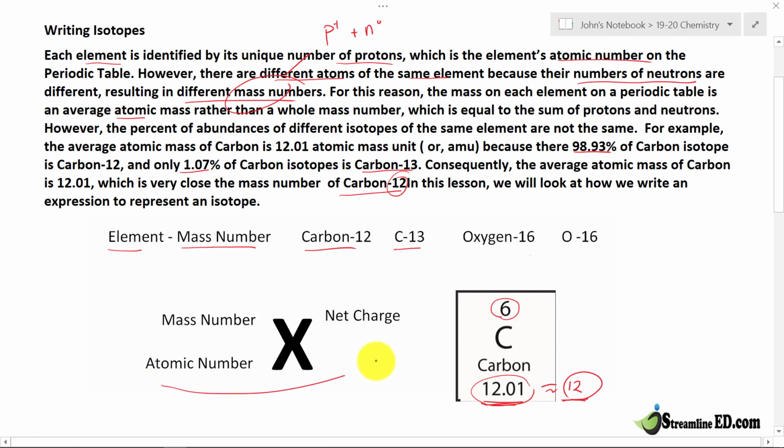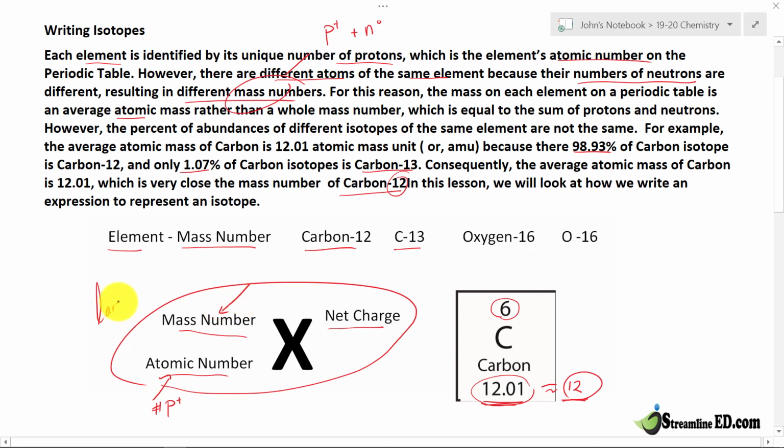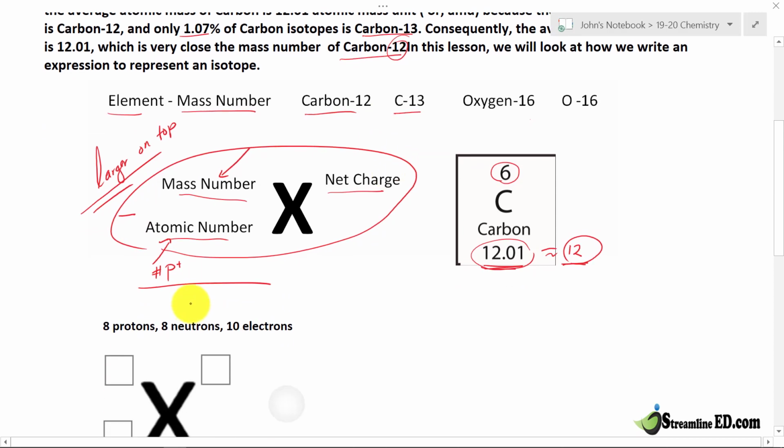Then we have a more complicated one, where we have the symbol of the element, the net charge, the mass number, and the atomic number. This atomic number is also equal to the number of protons. And the mass number is always larger, so it goes on top. That way we can just subtract directly to get our number of neutrons.